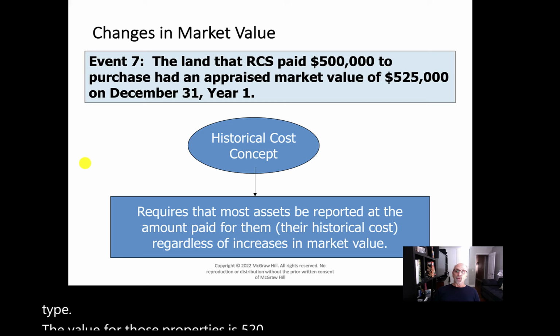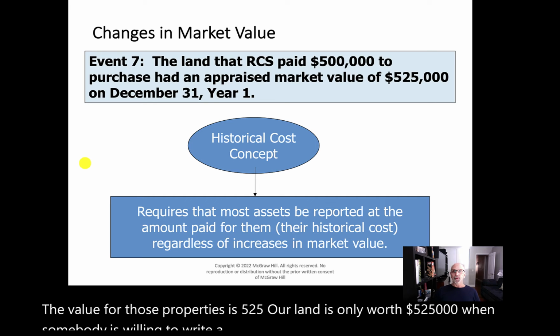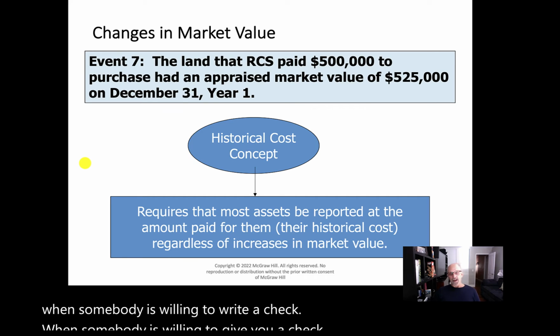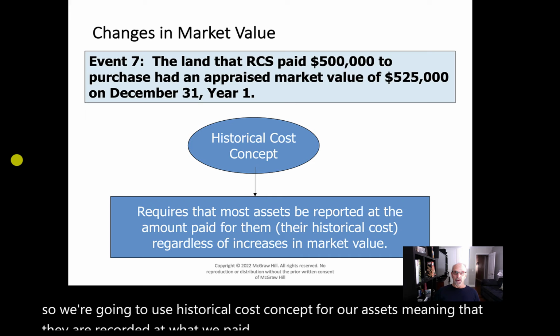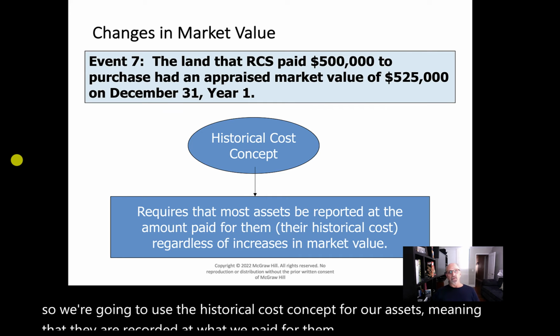Our land is only worth $525,000 when somebody's willing to write a check. When somebody's willing to give you a check for $525,000, then it's worth $525,000. So we're going to use the historical cost concept for our assets, meaning that they are recorded at what we paid for them, and that's not going to change.